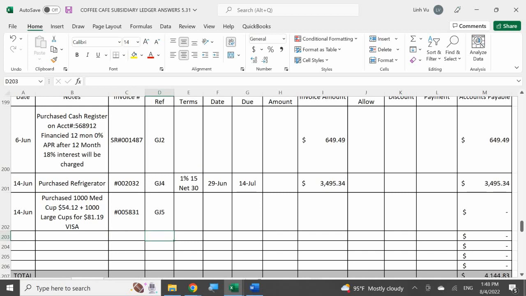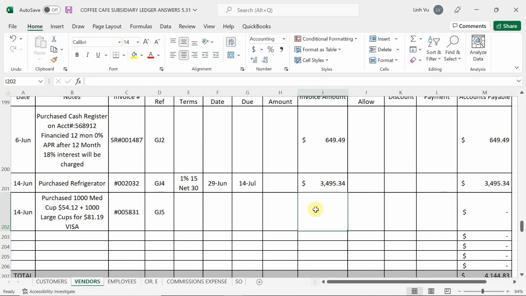And no terms because we paid at time of service. So we went in the morning and grabbed a bunch of coffee cups. Okay. So what was that receipt amount for? $135.31. And did I make a payment to it? Yes, I did.